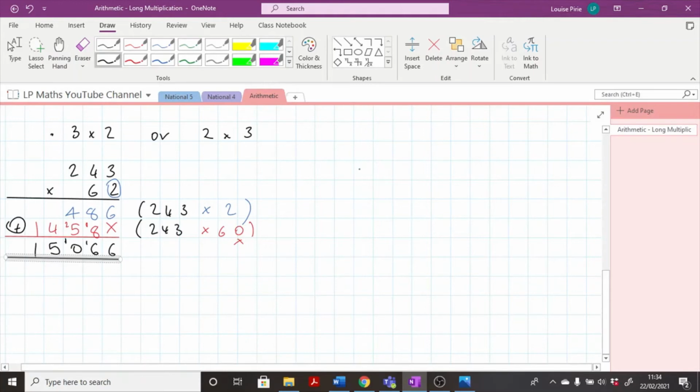The next one I'm going to do is going to look a little bit weird. It's going to be 75 times 362. Now, the first thing I would do here is I would put the biggest number on top.